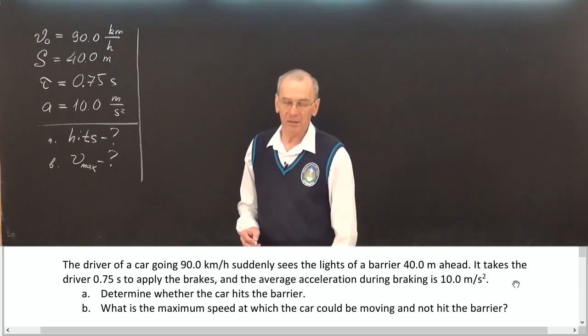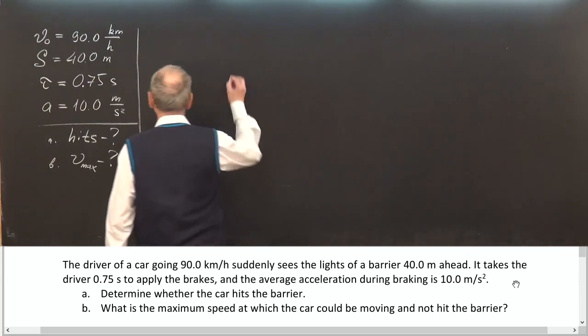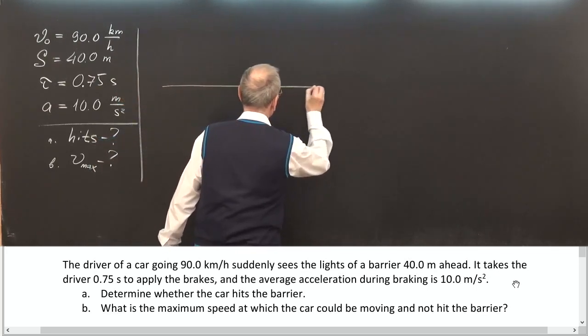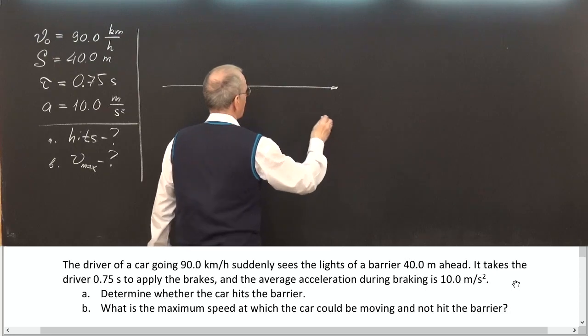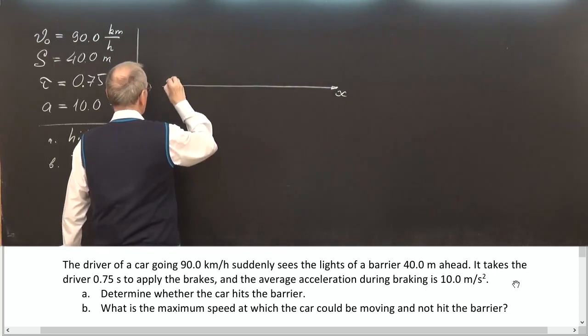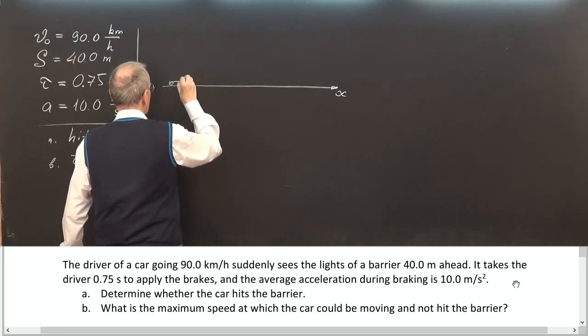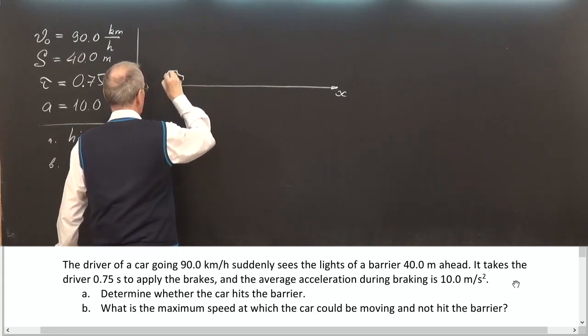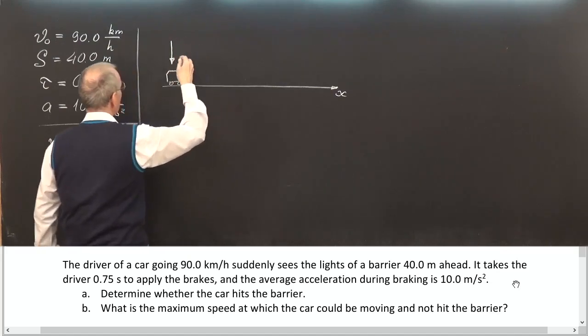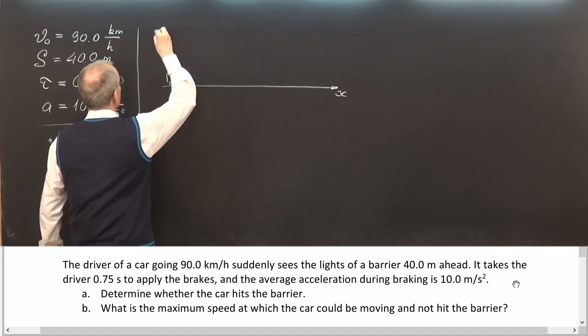So let's draw a simple sketch. The road along the x-axis. Here is the initial position of the car when the driver sees the lights.